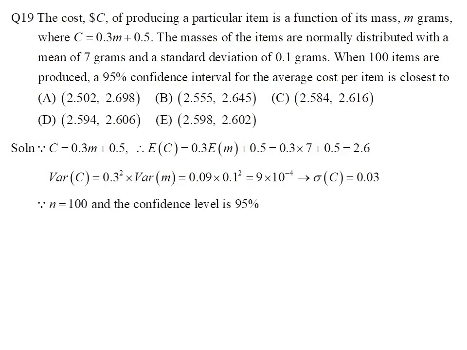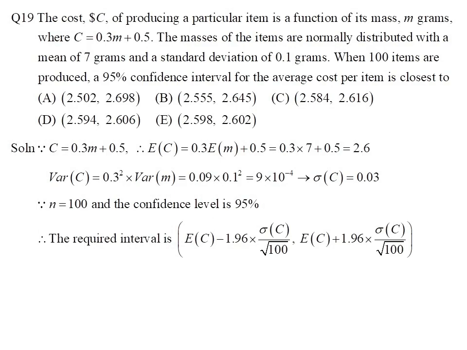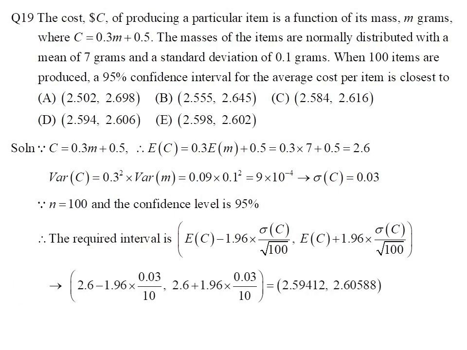Since the sample size is 100 and the confidence level is 95%, the required interval is from E of C minus 1.96 times sigma of C over the square root of 100, to E of C plus 1.96 times sigma of C over the square root of 100, which is from 2.59412 to 2.60588. Therefore, the answer for question 19 is D.